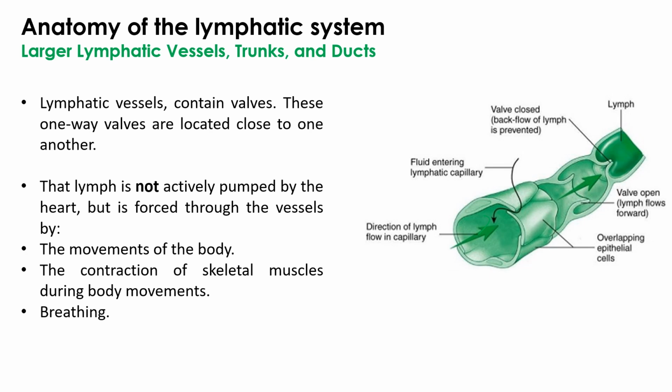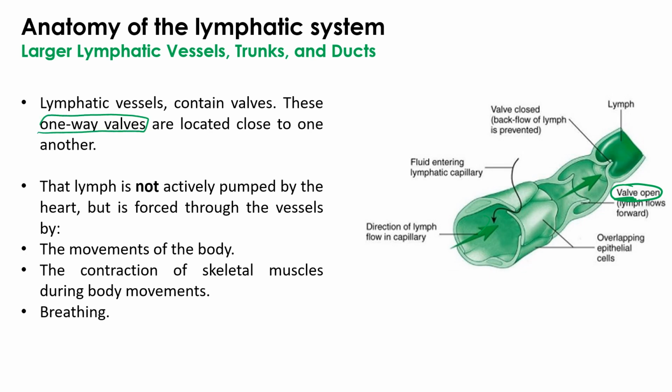So how does the fluid move through lymphatic vessels and veins? Well, in both veins and lymphatic vessels, inside we have what we call valves. These valves are unidirectional, so they just allow movement in one single direction, or one-way valves, right?